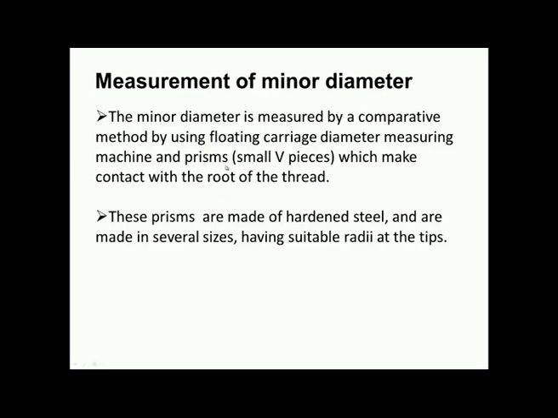So, use of prisms is made while measuring the minor diameter. These prisms look like small V pieces and they make contact with the root of the thread. The prisms are made of hardened steel and are made in several sizes having suitable radii at the tips.